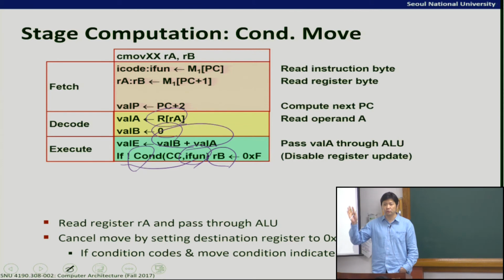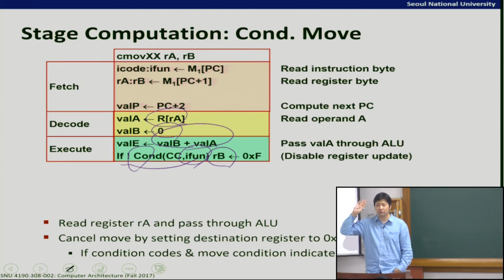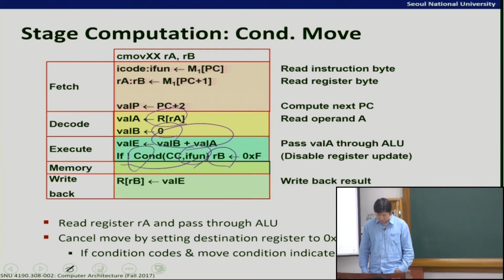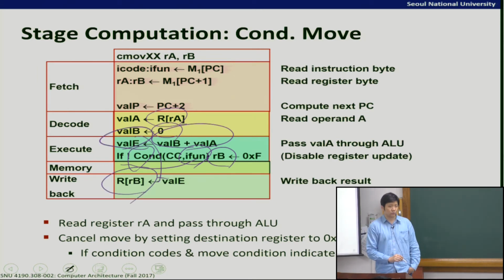So RB will be used as the register that is the destination for write back, right? So you overwrite the RB register specifier to 0F instead of the original value. And in the memory stage, there's nothing. In the write back stage, you write the value of the computation into the RB register, right?